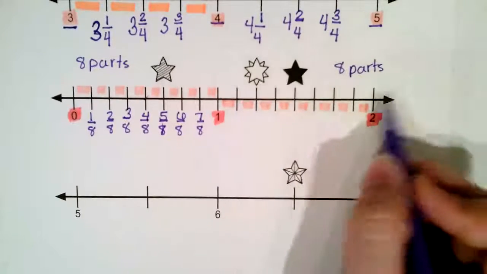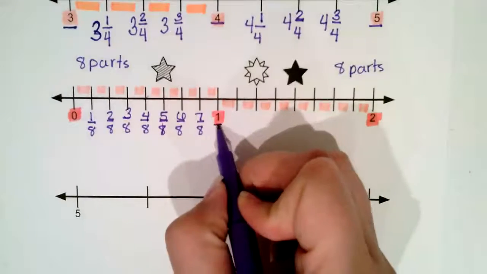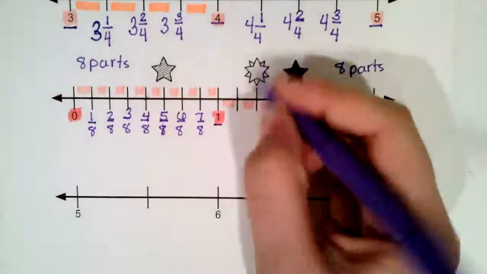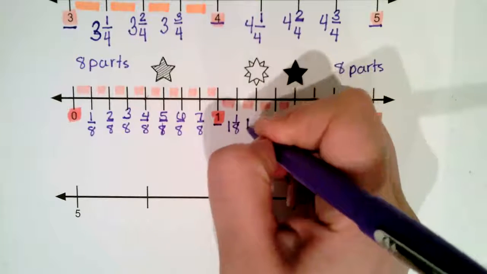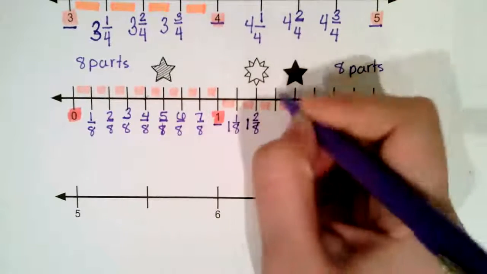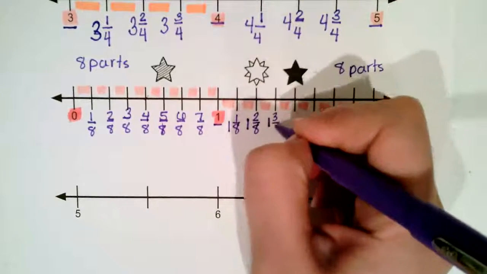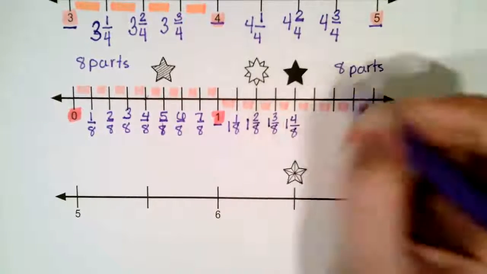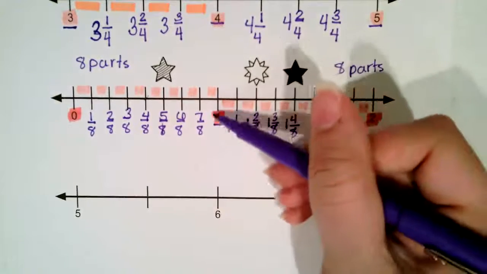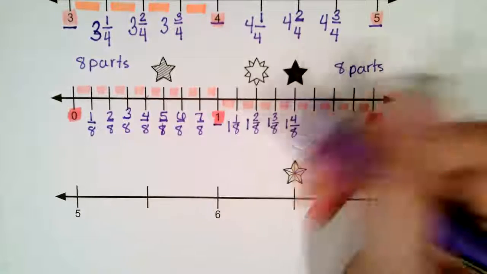I'm going to be counting by eighths, but remember I have 1 whole. So this would be 1 and 1/8, 1 and 2/8, 1 and 3/8, 1 and 4/8. The reason I'm saying 1 is because our whole number is 1.